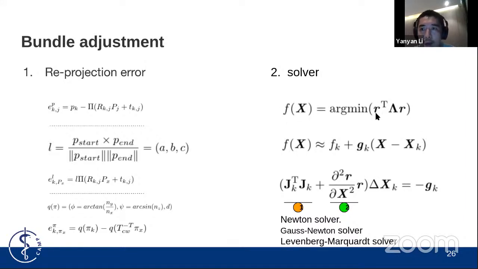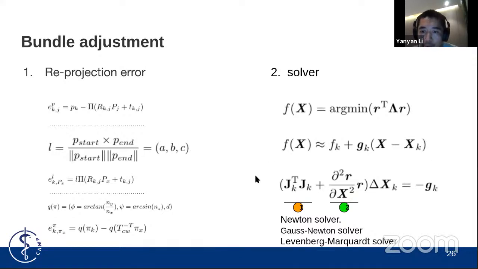R comes from error functions, right? We can make it a reprojection error, and then we can build the target function. After we make it into a linear function, we will have this optimization step.